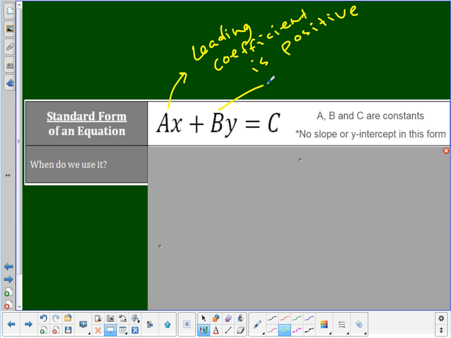We're also going to make sure that a, b, and c are integers, meaning whole numbers of some sort, with that leading coefficient positive. So this could be negative and this could be negative, but that first number is going to be positive. We're also not going to have any fractions, okay? So those are the two things we want to check for.